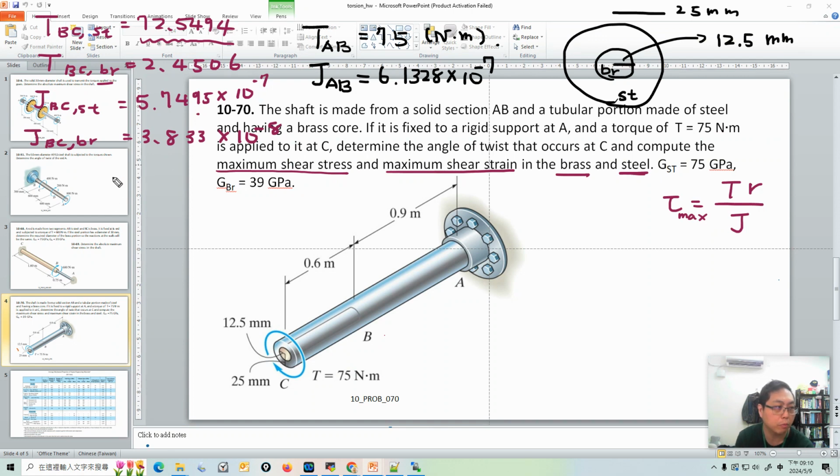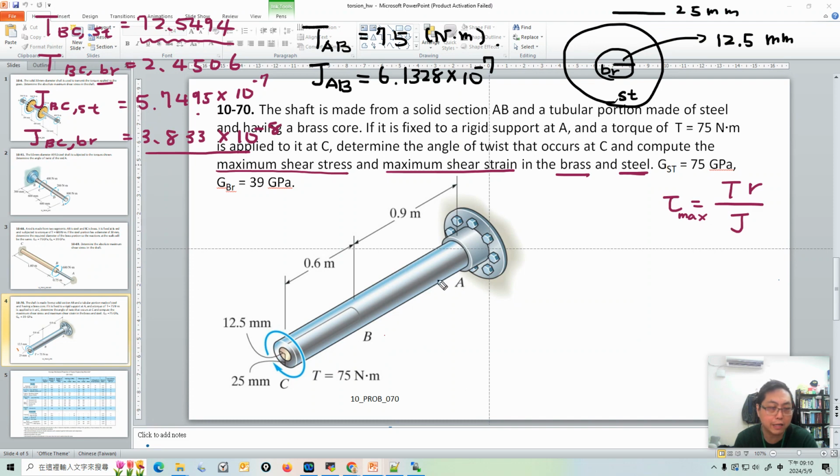So it's very easy to calculate the maximum shear stress for brass. So that's the scheme for this calculation, so let's start.